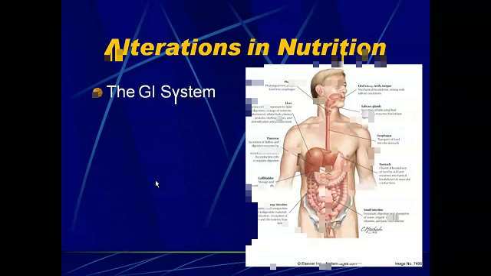Crohn's disease, or granulomatous colitis, or regional enteritis, basically all the same thing. Why we have to have multiple names for the same thing, I'm not really sure of, but they are. This is very similar to ulcerative colitis, except it occurs in a different area.